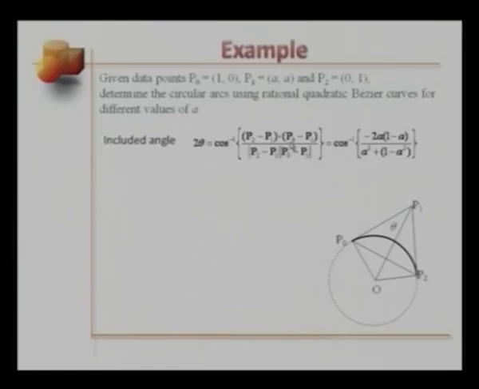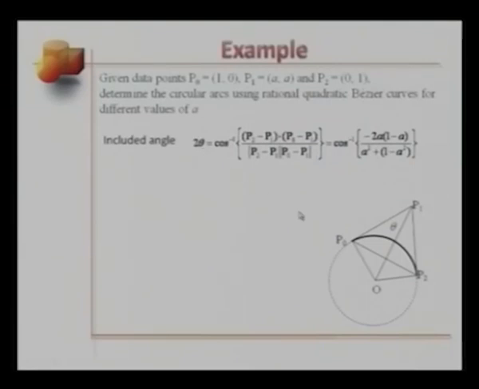We can work the algebra out, and we'll find that 2 theta is equal to the inverse cosine of minus 2a times 1 minus a over a squared plus 1 minus a squared. We can use this angle directly to compute this quadratic rational Bezier segment depicting an arc of a circle. All we need to do is assign the weight corresponding to P1 as sine of theta, which is this angle or this angle here.